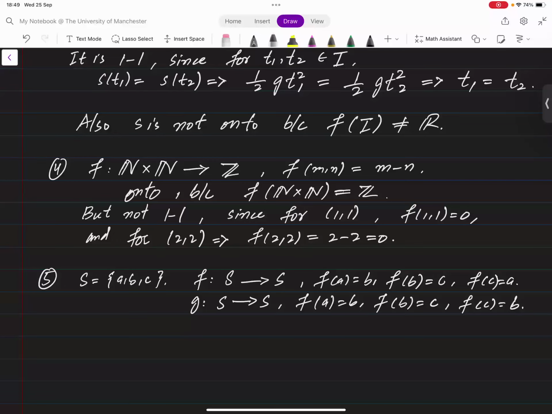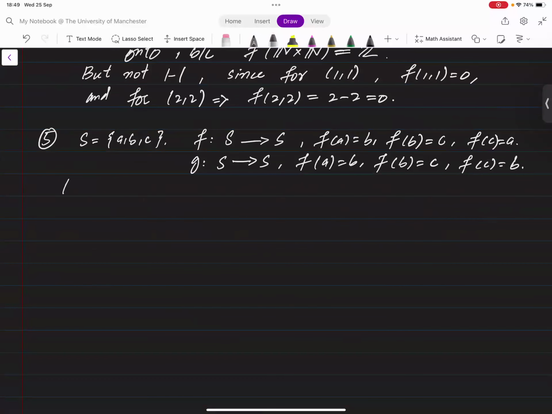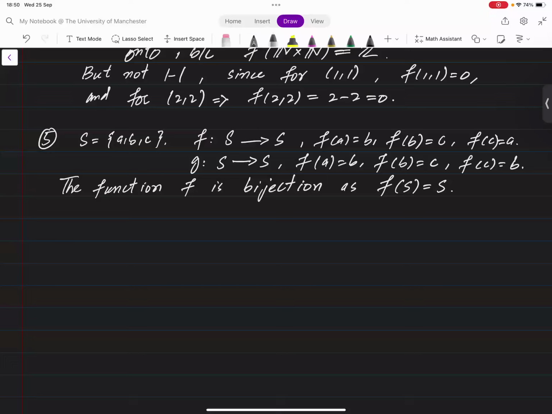This is the example number 5. So the function f is a bijection: f of S is again S, you're getting everything back, and f of a is not equal to f of b, which is not equal to f of c. A weird way of showing it is one-to-one.